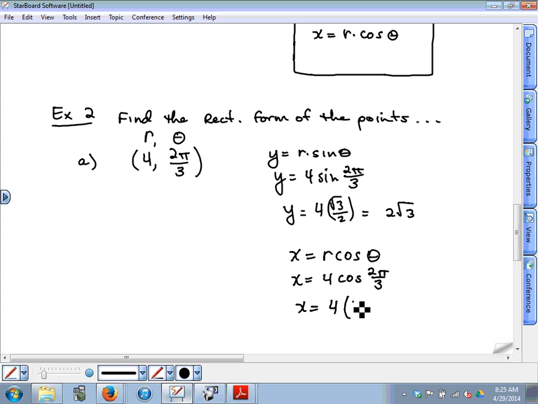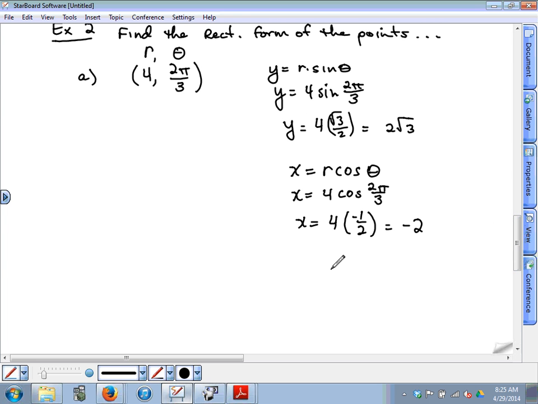So x equals 4 times negative 1/2, which is negative 2. So in rectangular form, the point becomes (-2, 2√3).